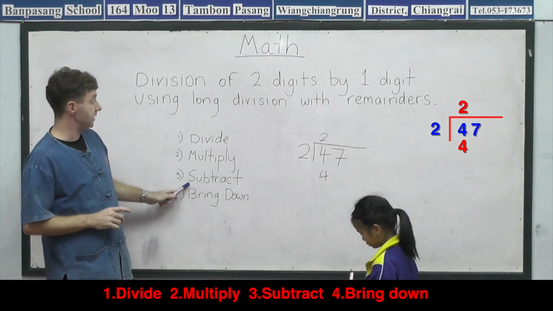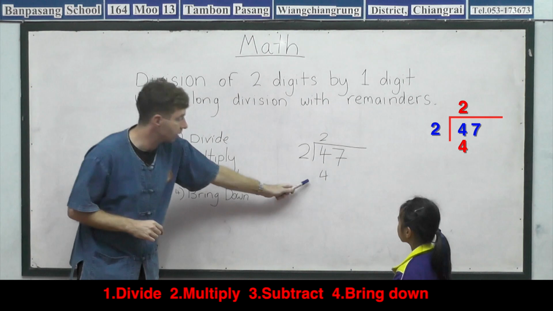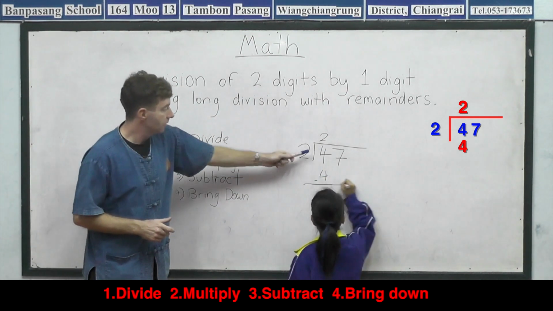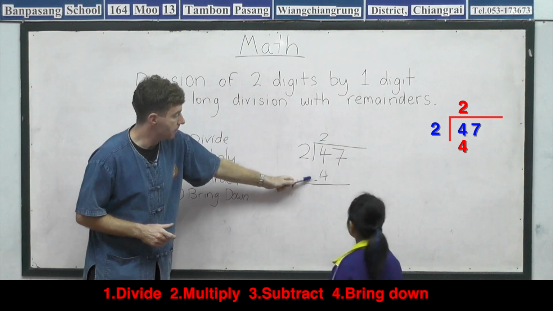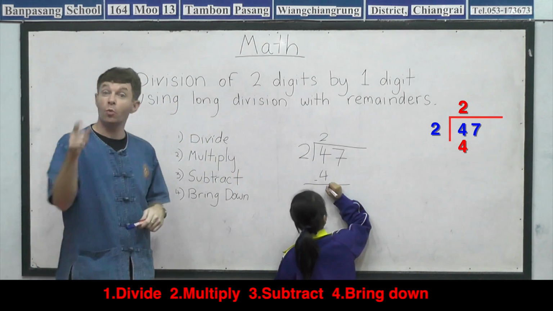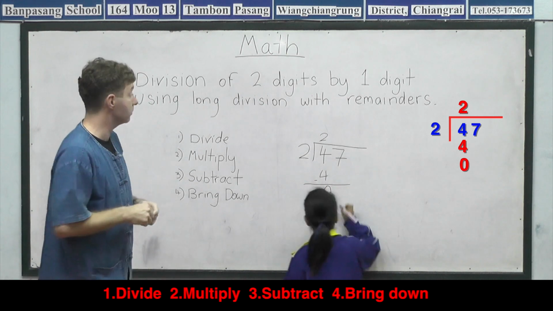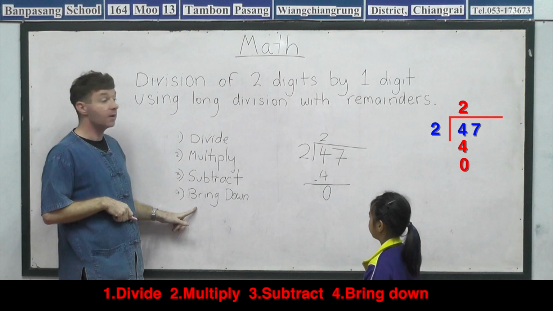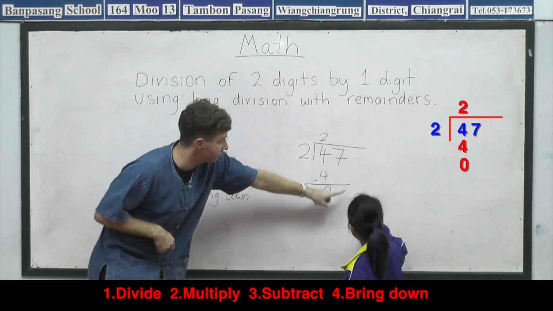Step number 3, now we subtract, so we can write our subtraction sign here. 4 minus 4 equals 0. So once we get to 0, we know that column is great. Next, step number 4, bring down. We bring 7 down to here.